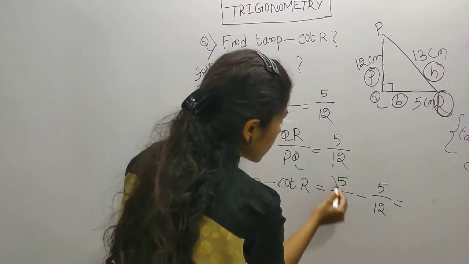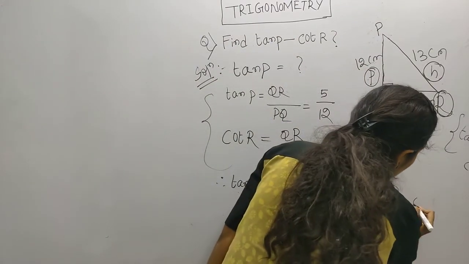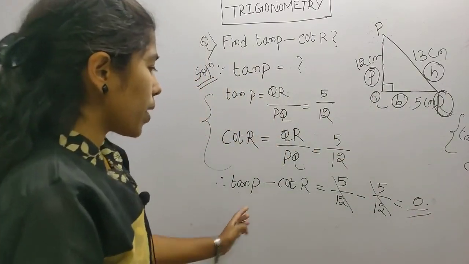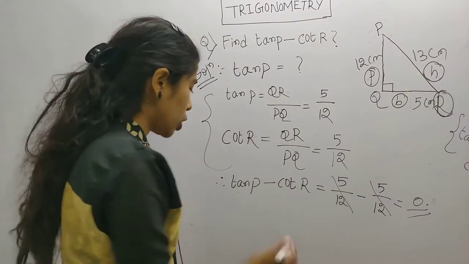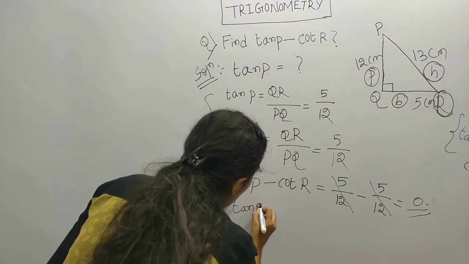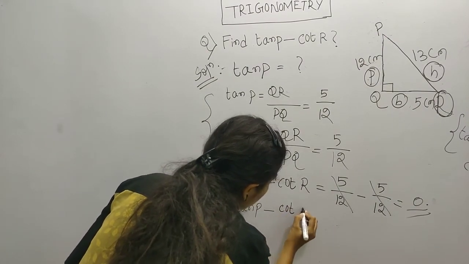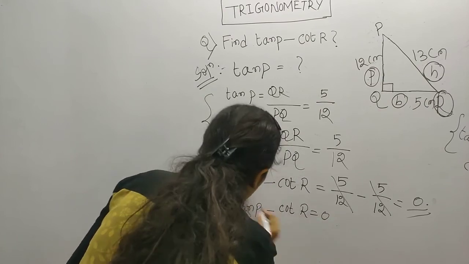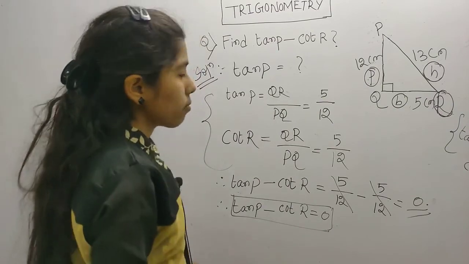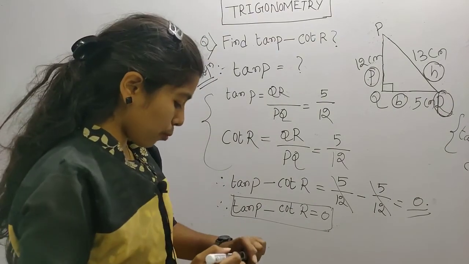So plus and minus will cancel, so it will be 0. Over. Tan P minus cot R equals 0. Therefore, write tan P minus cot R equals 0. Okay. Next, move to the next question.